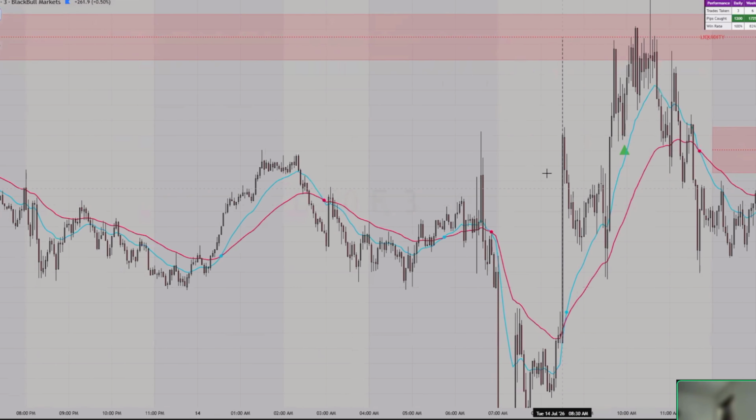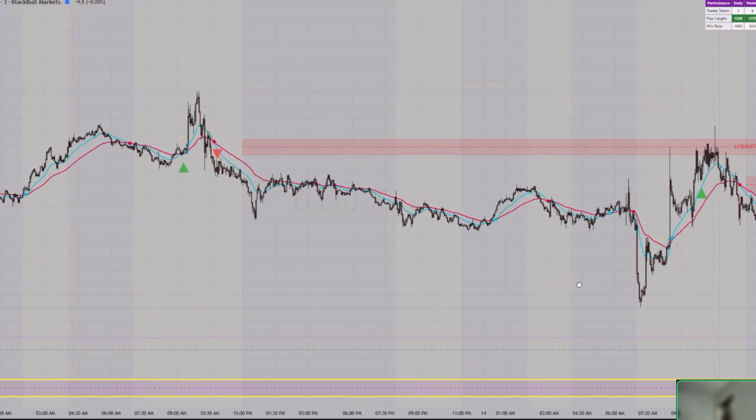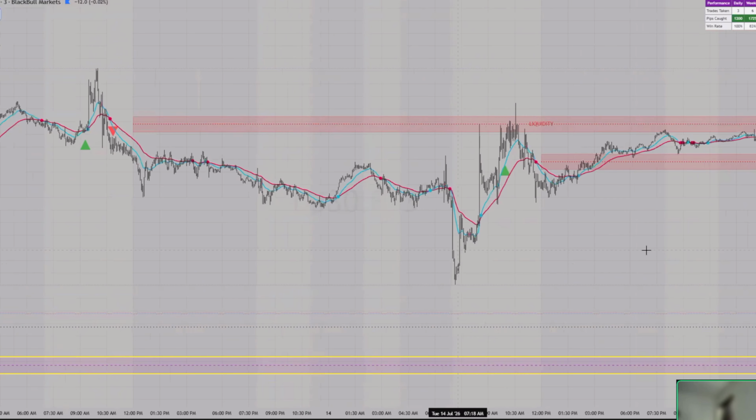And if we're pairing this up with the Koze cross, then what we can see is, hey, we rejected this area of liquidity, right? Now, can we get an entry and then see where we're going to take our profit? We're ideally taking our profit at the EMA, because there is no area of liquidity below.